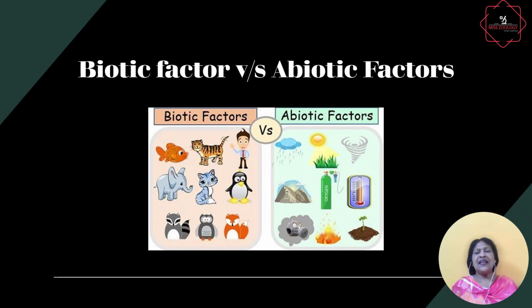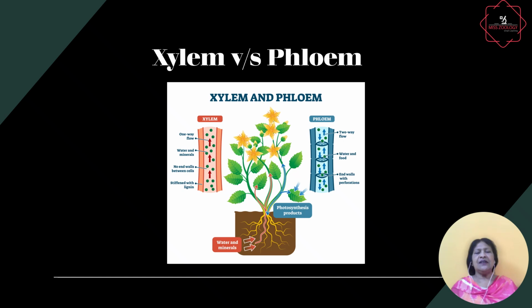We go to the next to find out what we need to differentiate. Now, xylem versus phloem. With the image that is shown, you can see the xylem with the arrows coming upwards. So, the xylem conducts the material only upwards in the system, that is from the soil to the tip of the plant.